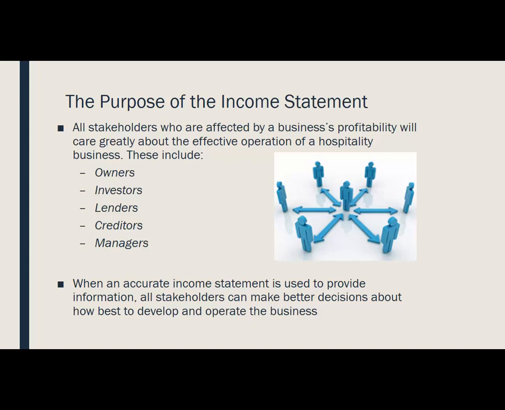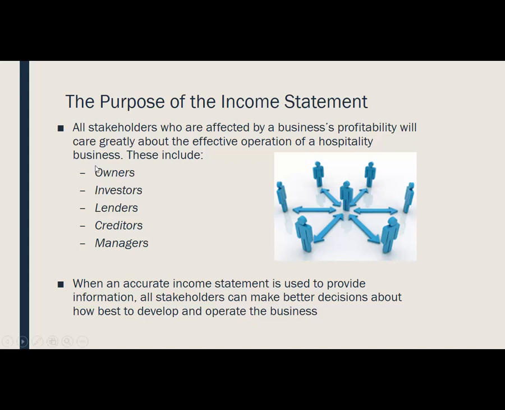And then as managers, we need to be able to analyze and to see where we may have done very well or where we could be doing better moving forward so that we can continue to be a healthy company, a healthy hotel or restaurant, financially speaking. When an accurate income statement is used to provide information, all stakeholders can make better decisions about how best to develop and operate the business.